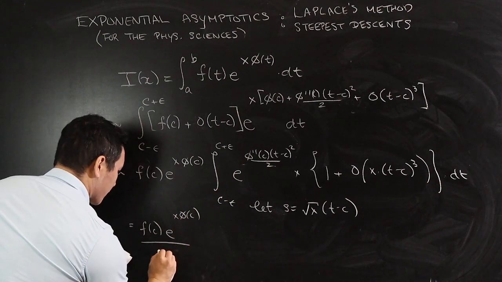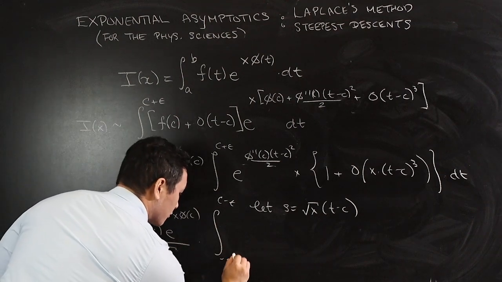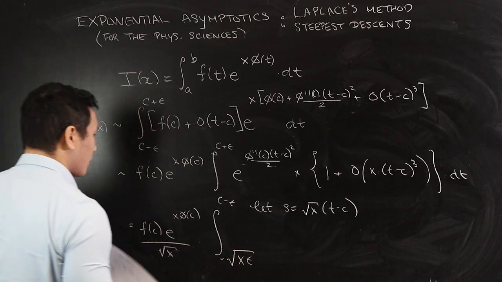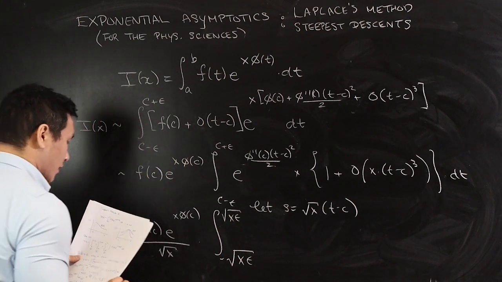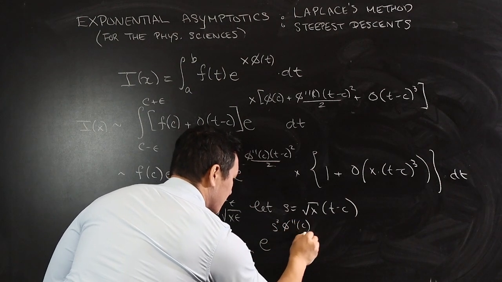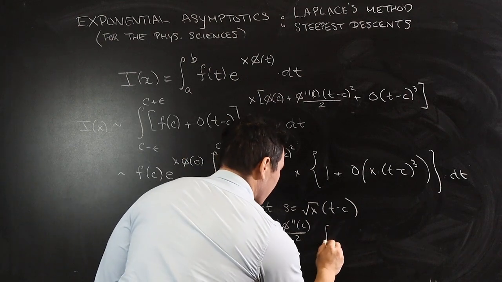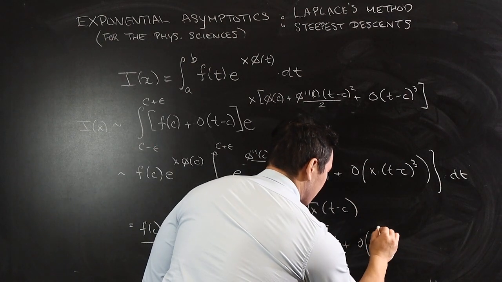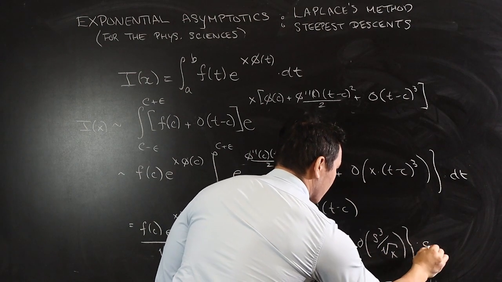I'll have a root x once I've made that coordinate transformation. This is a minus root x times epsilon. And then this is a plus root x times epsilon. And then this is e to the s squared times phi double prime of c over 2. And then you have in brackets 1 plus dot dot dot. So this is order s cubed over root x. And then ds.